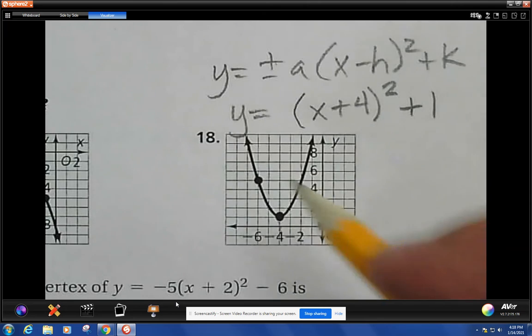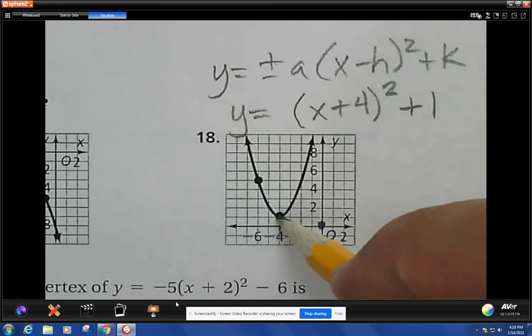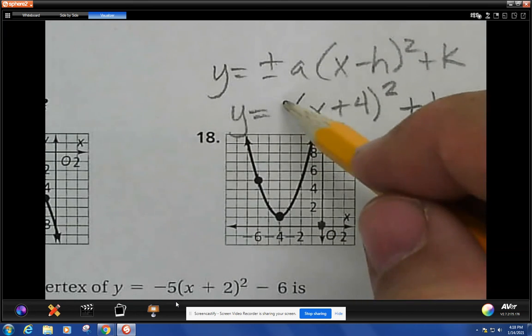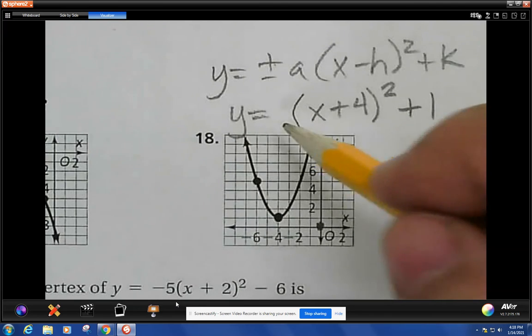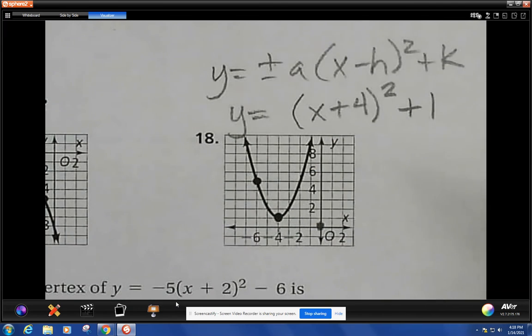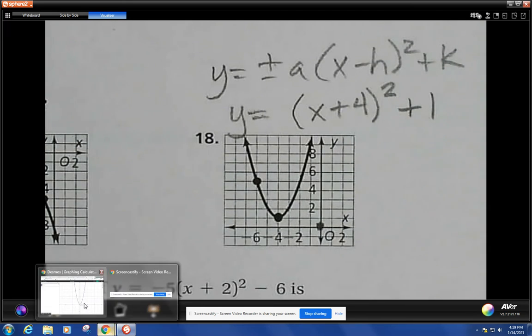And here's the way you do this. So you start here, and you notice we go up 1 unit and we go over 1 unit. So that means this has a slope of 1. So that means that there would just be a 1 right here, which means there's not really a stretch or compress.